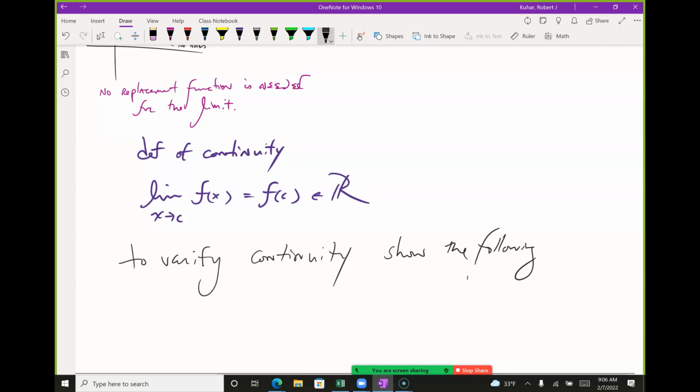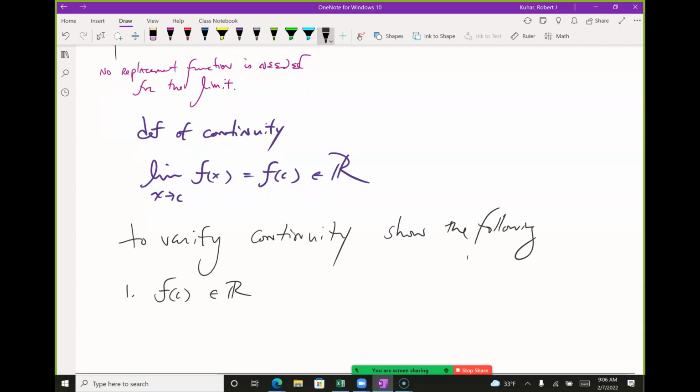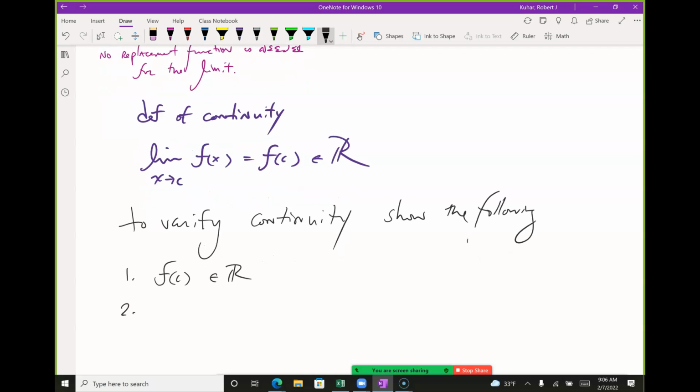I'll do a couple today, or more Wednesday. First, I should be able to show that f of c exists. So plug in right away and make sure you get a number, right? Then show that the limit exists.